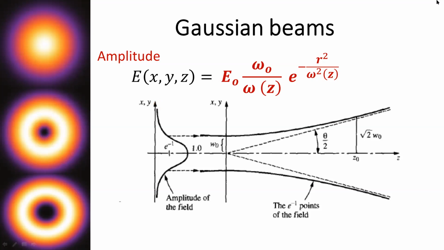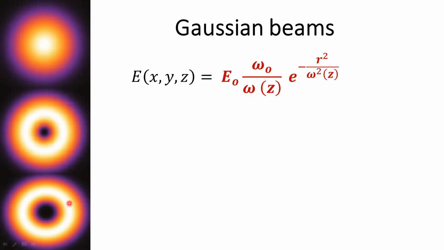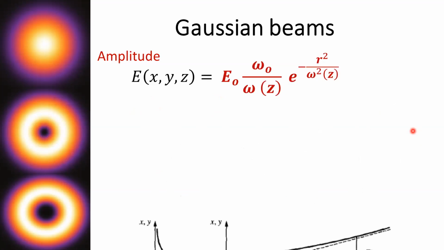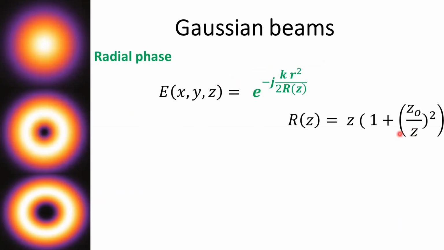Okay, now let's go to the next step. As I mentioned earlier, I will ignore this because it's very hard mathematically, and I will just show you a concept related to this, which is the radial phase. What about the radial phase?